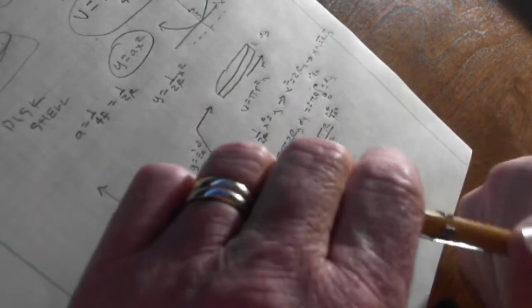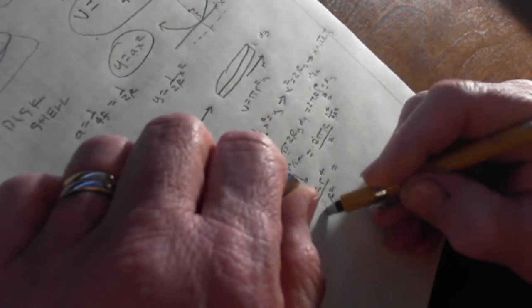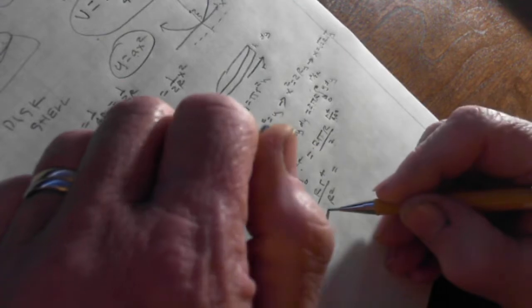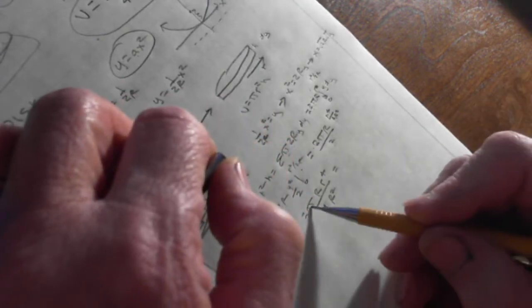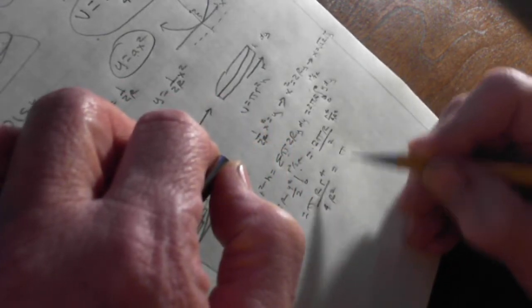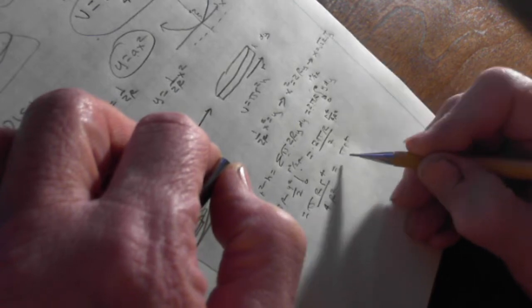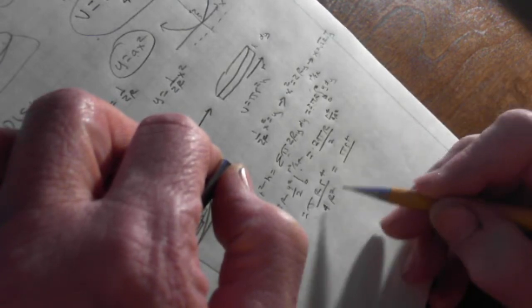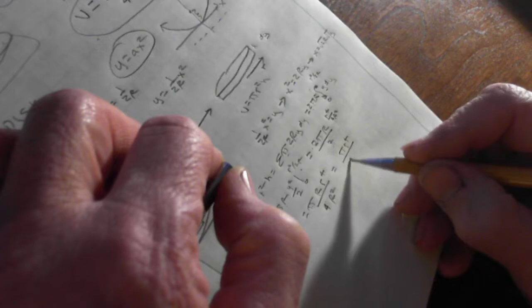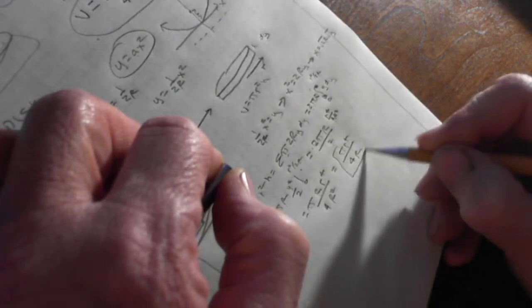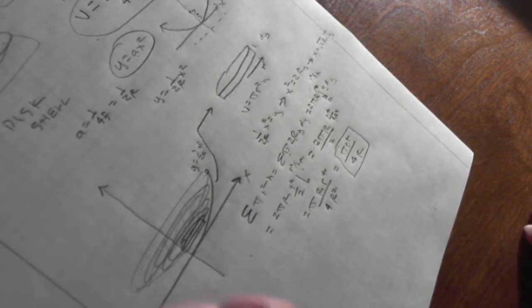I'm sorry, it was 4 because those 2's canceled out a minute ago, and I spaced that out. So I get pi r to the 4th over, that R cancels one of those R's, so I'm left with 4R downstairs, and that is the sagittal volume of a paraboloidal telescope mirror using the disk method of volumes of solid revolution.